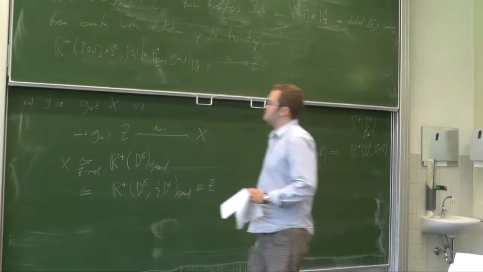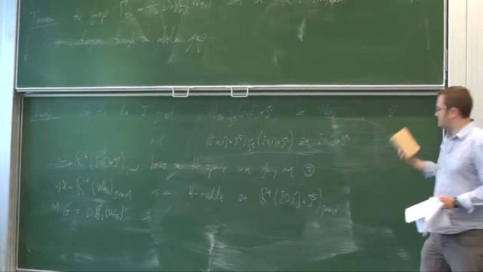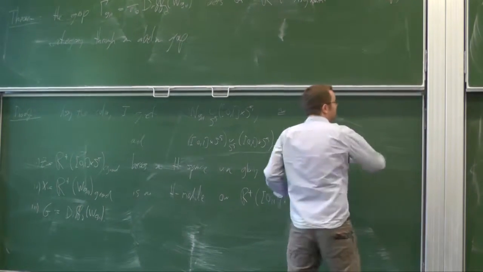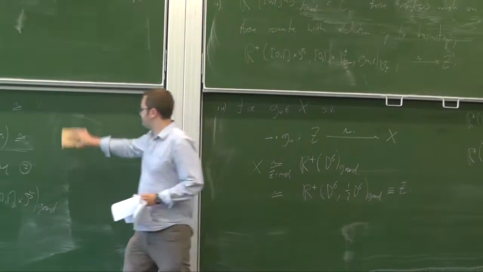And now it's a purely formal argument, very similar to the argument that pi2 is an abelian group. That if you're in this situation, the group G acts via the monoid Z in the homotopy category.